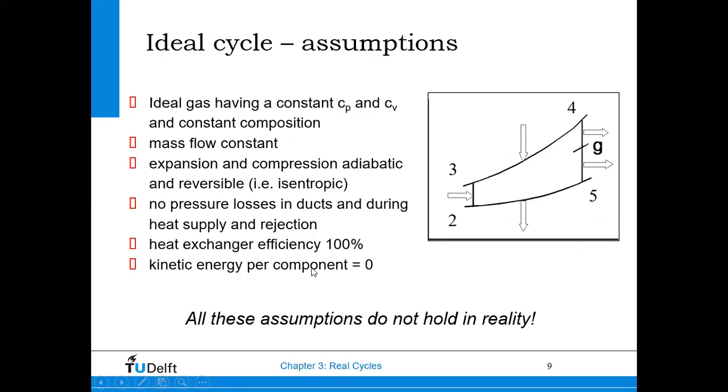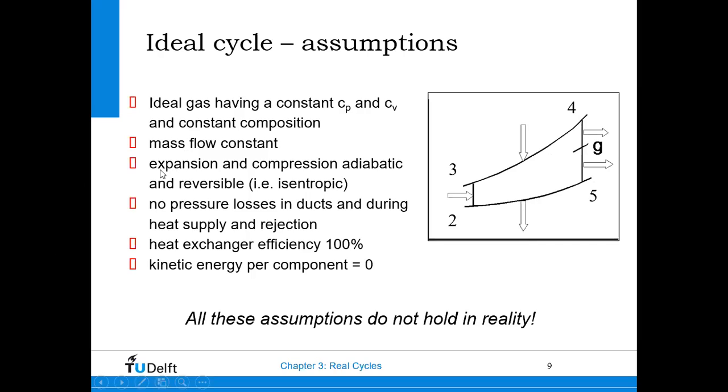For a simple case, you can also assume the mass flow to be more or less constant. The mass flow added in the combustor is only 1 to 3% of the total mass flow, so the main mass flow is really the air to the gas turbine. So as a first approximation you can assume the mass flow to be constant.